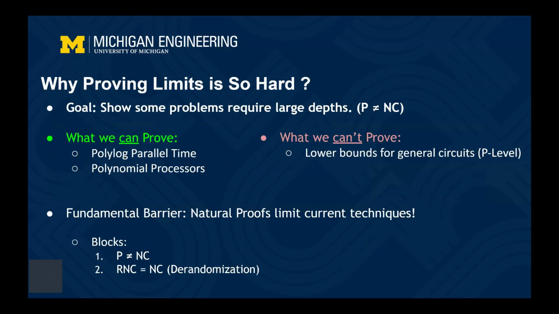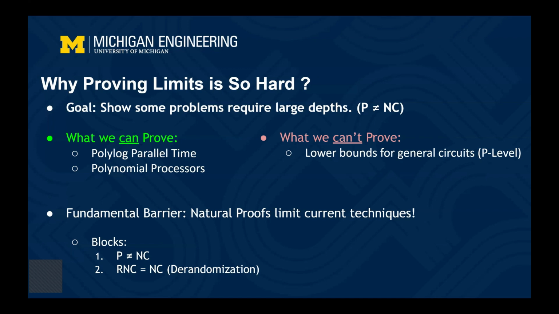At this point, a natural question is, why don't we just prove that some problems require large depth and separate P from NC directly? The obstacle is that strong lower bounds are extremely hard. We do not know how to prove lower bounds for restricted circuit classes such as ACC0, and those results are very important. But these methods do not scale to general circuit models we would need for major separations like P versus NC.